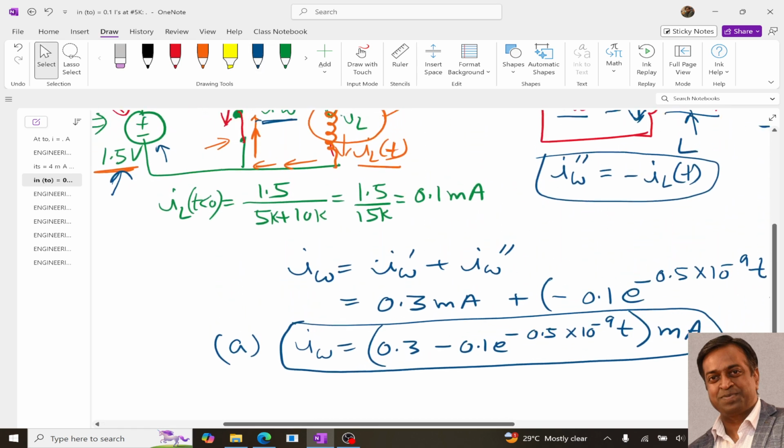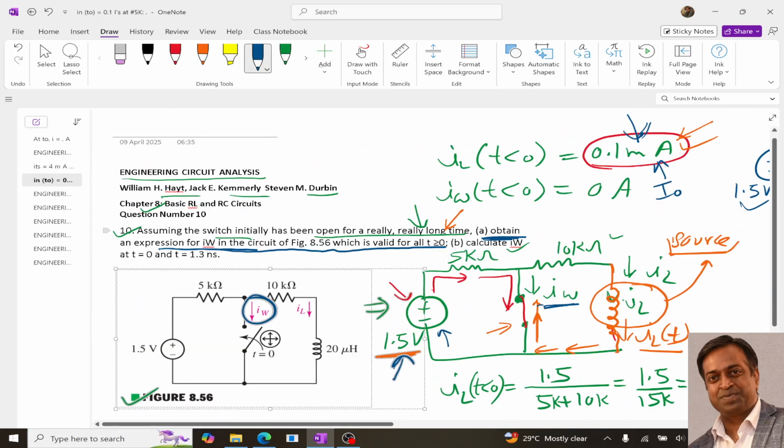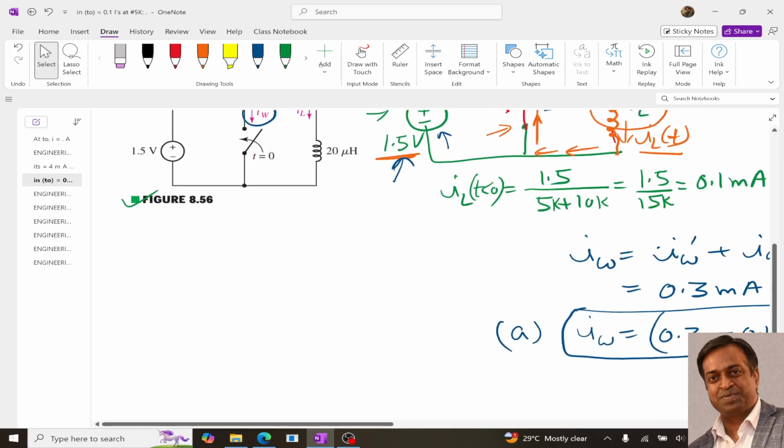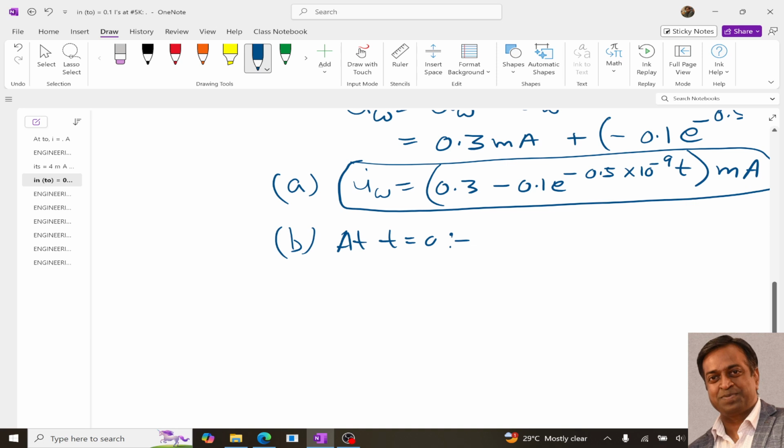Now what is the second part? The second part of the question says that we need to calculate IW at t equals 0 and t equals 1.3 nanoseconds. So at t equals 0, we simply substitute t equals 0 over here.